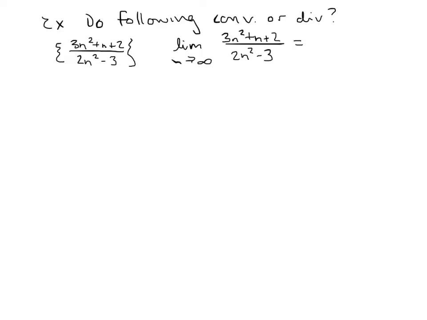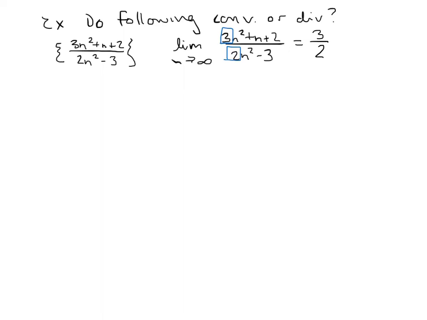Now, here's your key. It goes to infinity, the powers are the same, and because the powers are the same, we can just pick the numbers that are out in front of the highest power. This limit is going to equal 3/2.